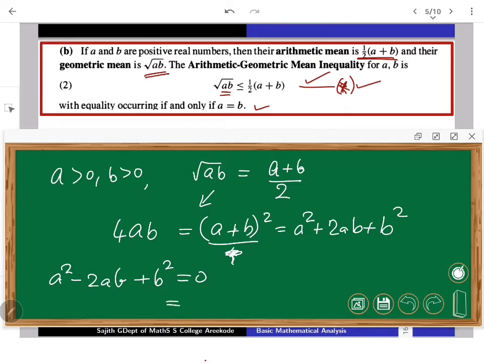Which implies (a minus b) squared is going to be 0. Square of some number is 0 provided the number is also 0, which actually says that a minus b is 0, which is equivalent to a equals b. So star holds with equality means a must be same as b. The other cases we have done rightly. So ultimately we have proved the inequality between arithmetic and geometric means.